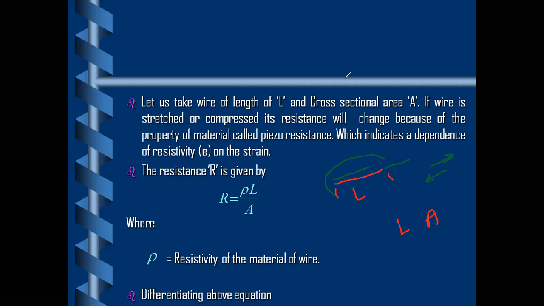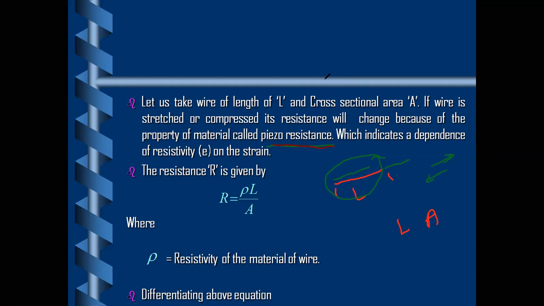The resistance of this particular wire is going to change because of the property of the material called piezoresistive, which I have explained earlier. So it has the piezoresistive property. Here this indicates a dependence of resistivity on the strain.